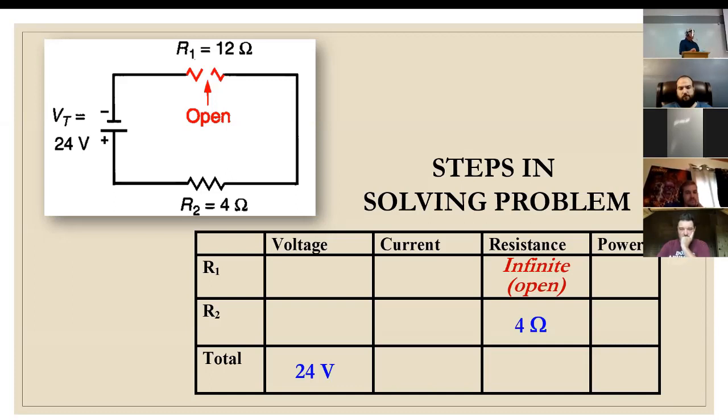Okay, so what about the voltage across R2? How much voltage is across that resistor? It would not be 24. So V, voltage, is equal to I times R. We know R is 4 ohms.